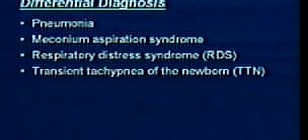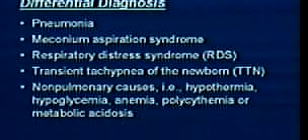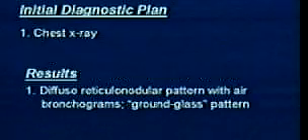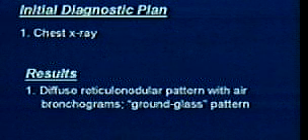And no one really knows what causes transient tachypnea of the newborn, but they think it's attributed to not going through the compressions during the labor period, so you don't really get out the excess fluid. The other things that you want to be thinking about are non-pulmonary causes: hypothermia, hypoglycemia, anemia, polycythemia, metabolic acidosis.